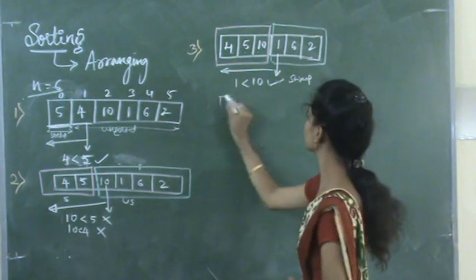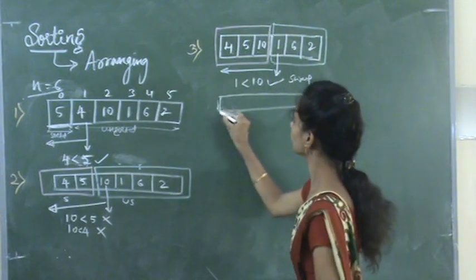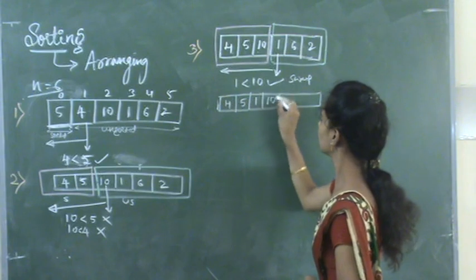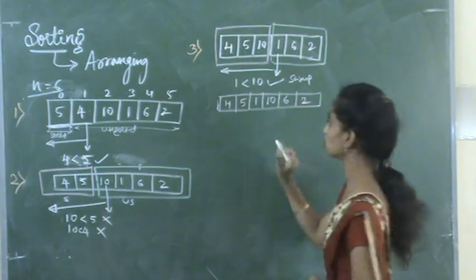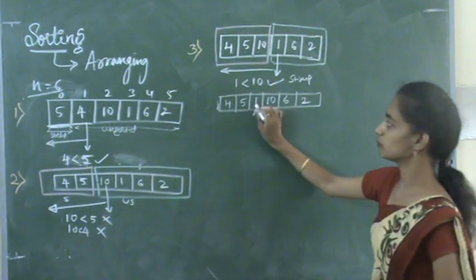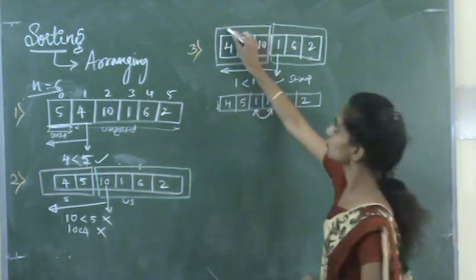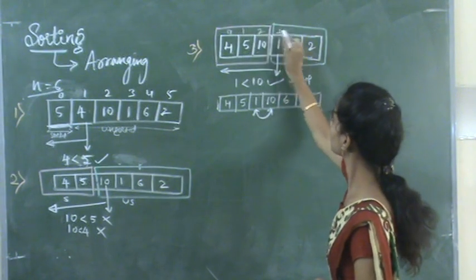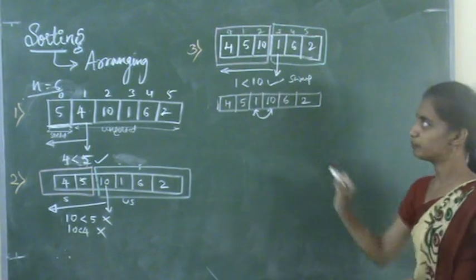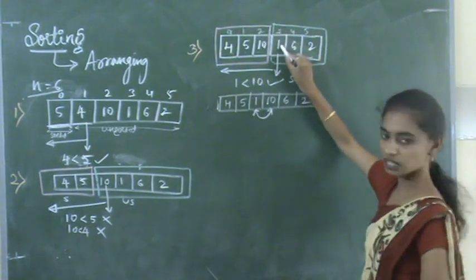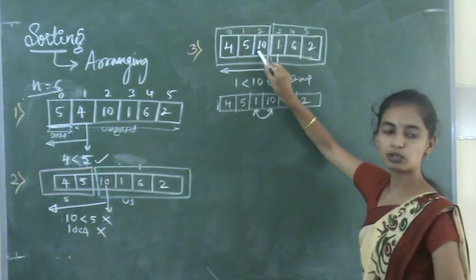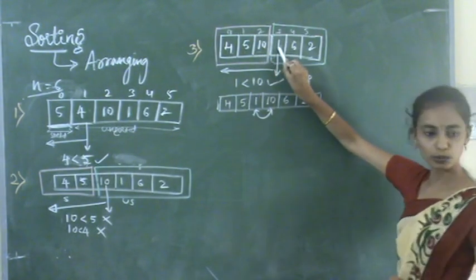Now the array becomes 4, 5, 1, 10, 6 and 2. So this is swapped: the position 3 value is moved to position 2 and the position 2 value is moved to position 3.